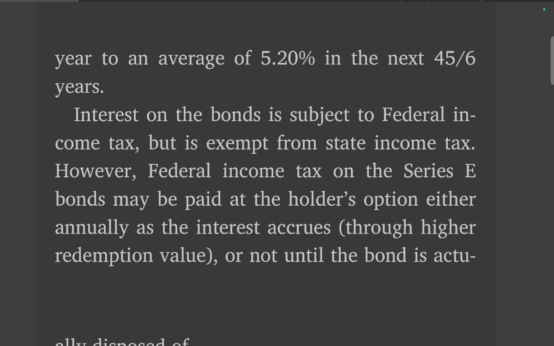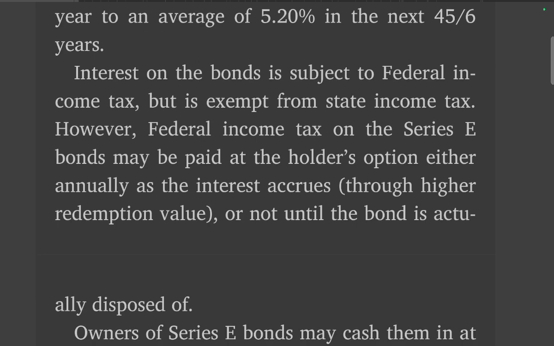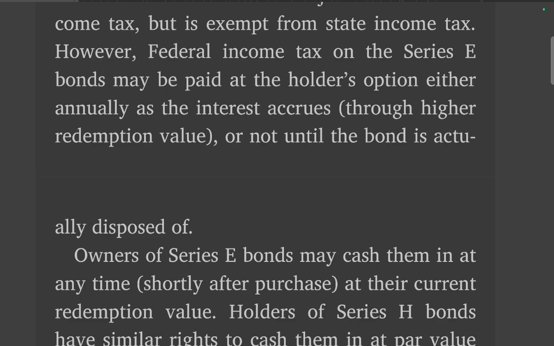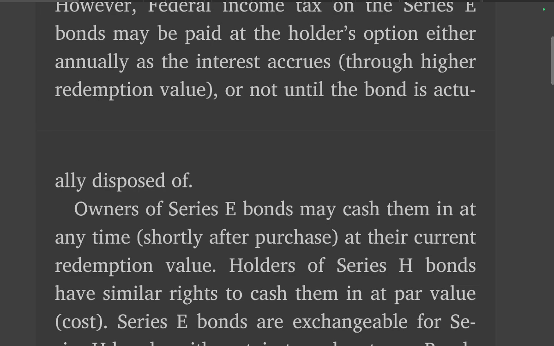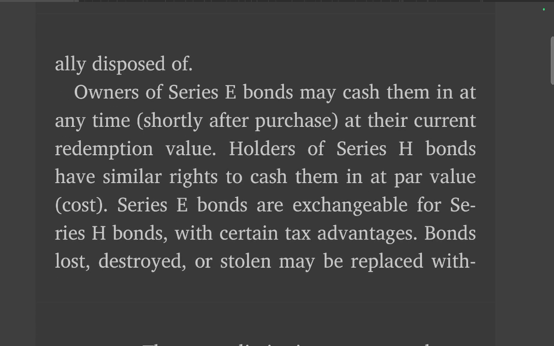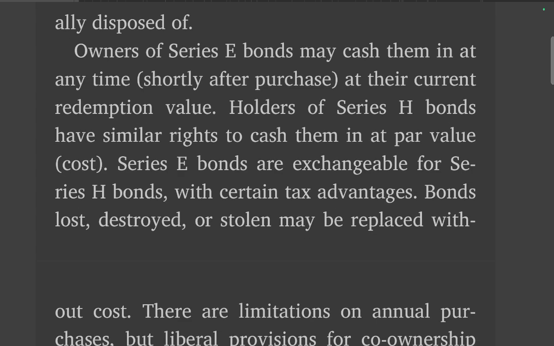However, federal income tax on Series E bonds may be paid, at the holder's option, either annually as interest accrues to the higher redemption value, or not until the bond is actually disposed of. The owner of the Series E bond can cash them in any time shortly after purchase at the current redemption value.